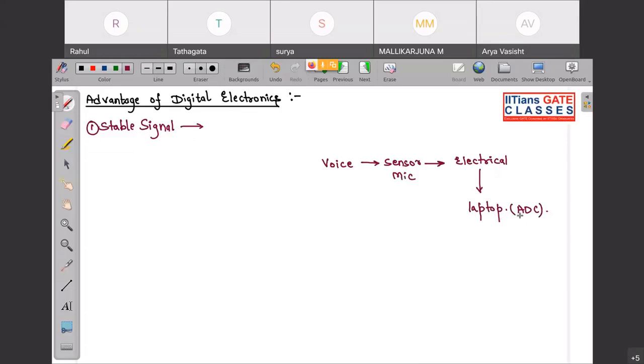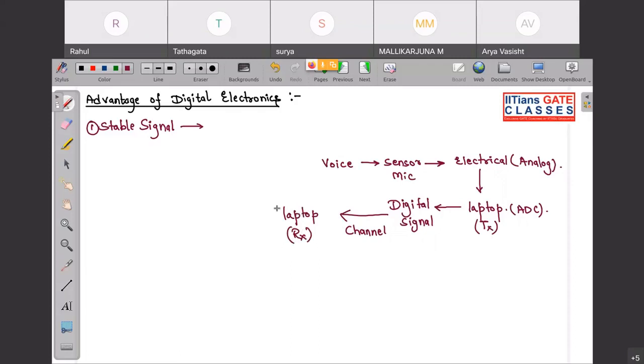So the laptop converts this analog electrical signal to a digital signal. Now this digital signal will be transmitted over a channel to your end. So this is the transmitter laptop and this is the receiver laptop, TX and RX.